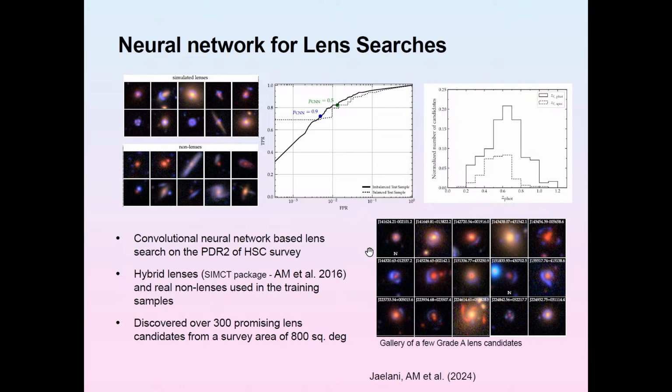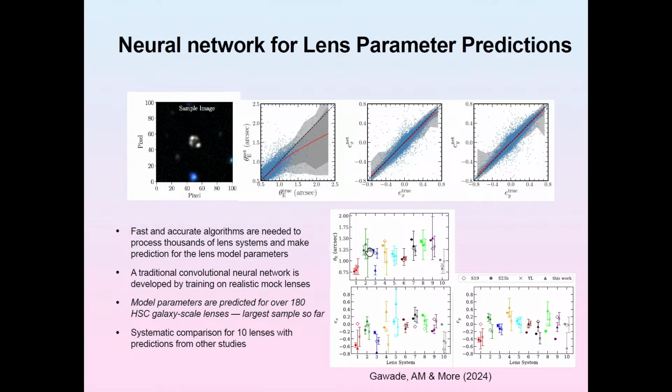Here's a histogram of the resulting lens population that is found, and the redshift distribution is fairly similar to what we expect. This gallery shows some of the most promising grade A lens systems from this sample. We have found over 300 lenses from this particular work, and this is also in combination with many other such efforts that are happening within the collaboration.